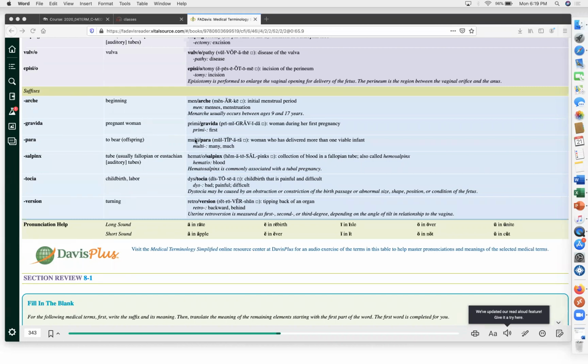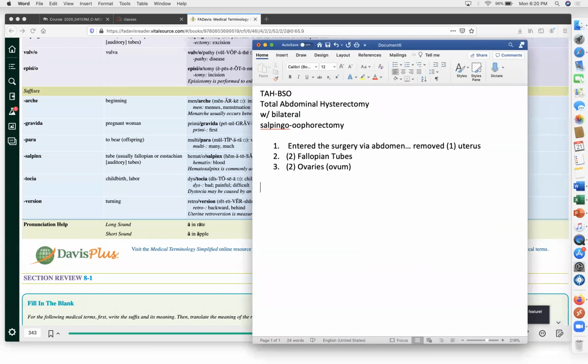Now let's look at the telephone code so that we can understand the words gravity, not gravity, the thing that, you know, apples fall from trees, but we're talking about pregnancies, and parity, which we're talking about labor or birth. There'll be a G, and then some number, then a P, and then some number, and then there'll be 4 more numbers, but we don't have to go over that.